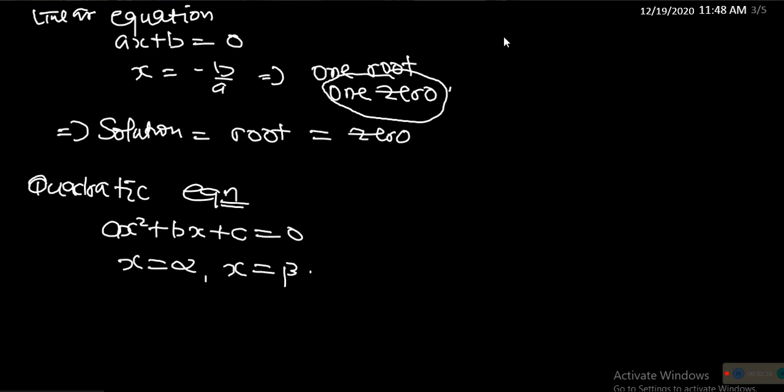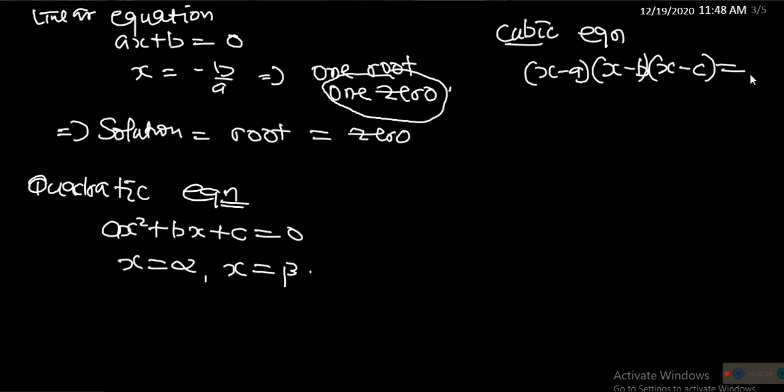If we are solving a cubic equation, you have it of the form maybe x minus a, x minus b, x minus c equals 0, and here you have three roots, a, b, c, and so on and so forth.